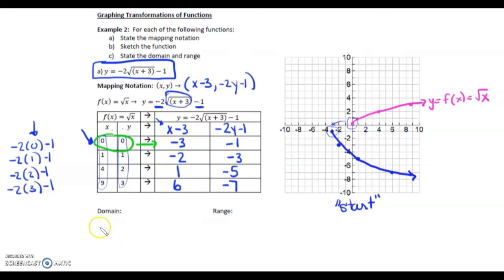So our domain, start with x is an element of the reals such that, and range, start with y is an element of the reals such that. So what we're going to focus on here is, did we reflect anywhere? Okay, so we're going to focus on our starting point, and then did we reflect?